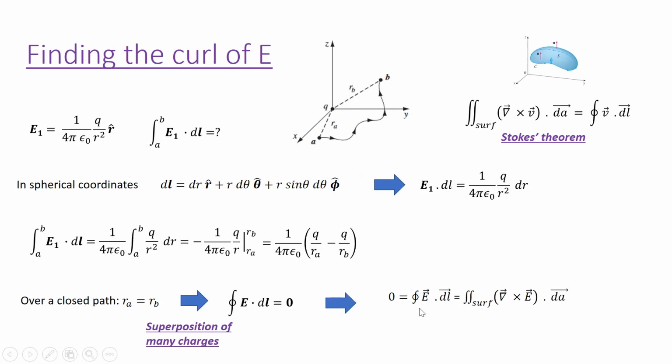But like in the argument for the divergence, if we're going around a closed loop, the surface that we pick that bounds the closed loop is an arbitrary surface. So the only way the integral of a vector field over an arbitrary surface can be 0 for all choices of surfaces is if the integrand is 0. And so we find that the curl of E should be equal to 0.